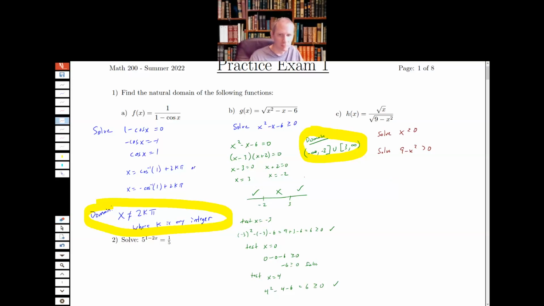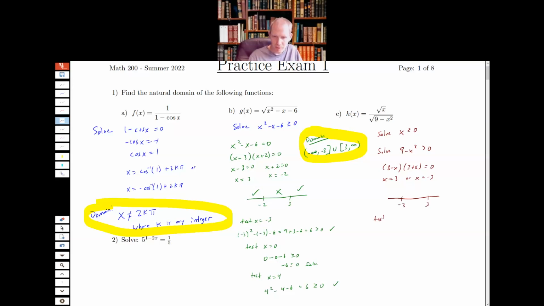Okay, and I'm going to solve this the same way we did last one because it's a quadratic. I'm going to factor it and figure out where that's equal to 0. And then I'm going to test intervals.